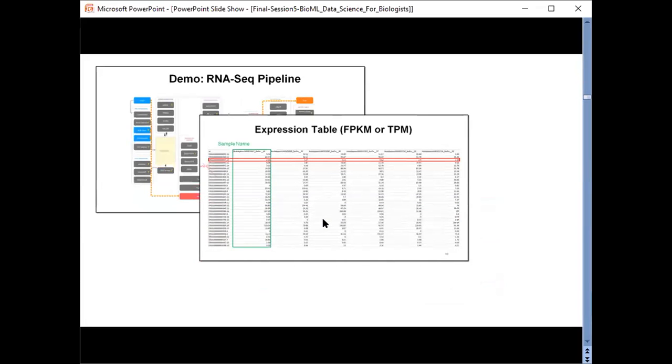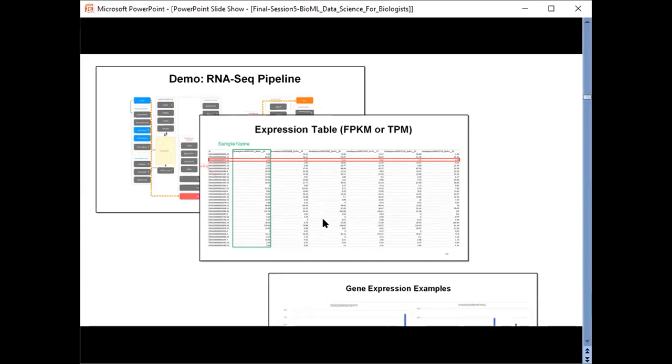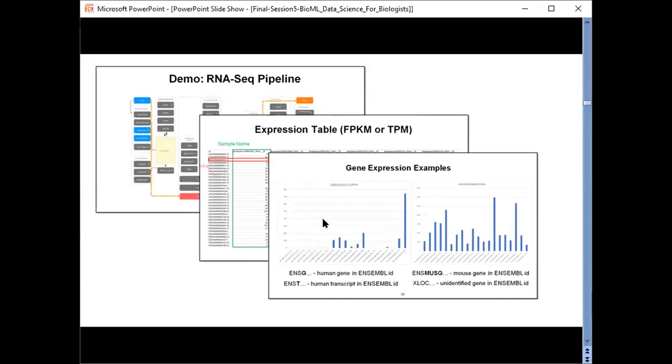Then we also learned about different aspects of the gene expression data table, what it represents, what the columns are and what the genes are. Then we learned how we can visualize and interpret data once we have this structured gene expression data table.